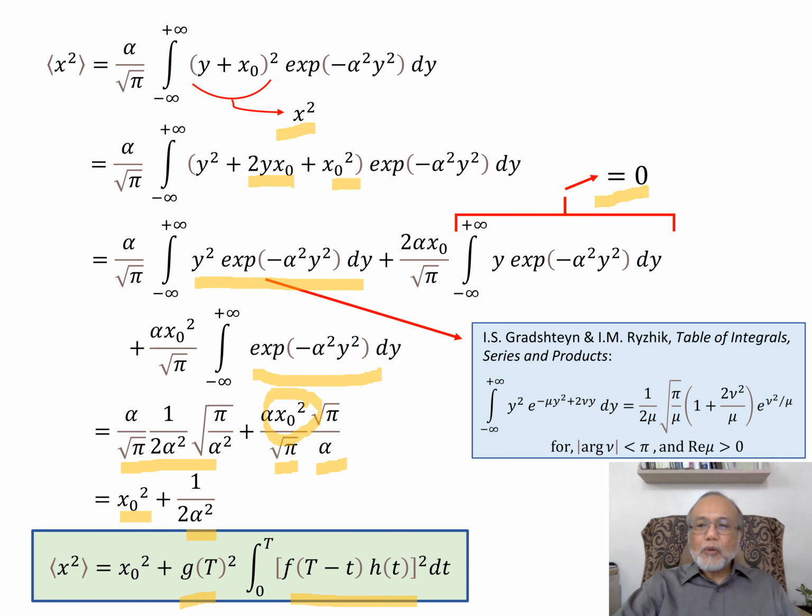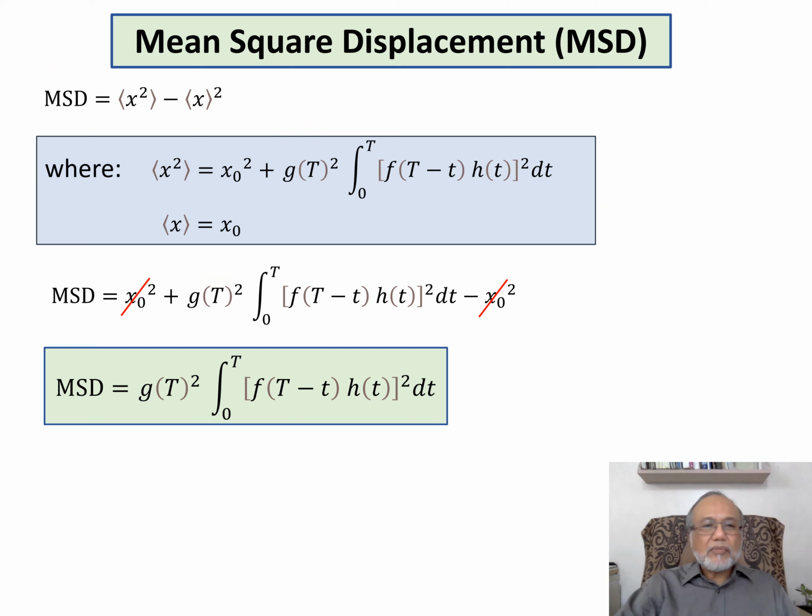So now we can go back to our original expression for the mean square displacement. Our mean of x squared is given by this, and our mean of x is just x naught.